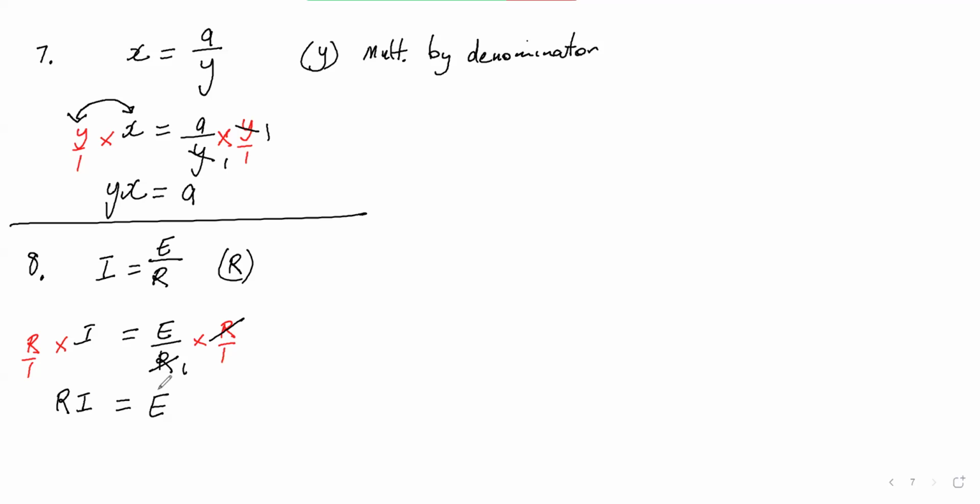Darius, I divide now by? I want to find for R. I have to divide by I, sir. I into I, 1. I and I. All right, so my answer would be R equal to E divided by I.